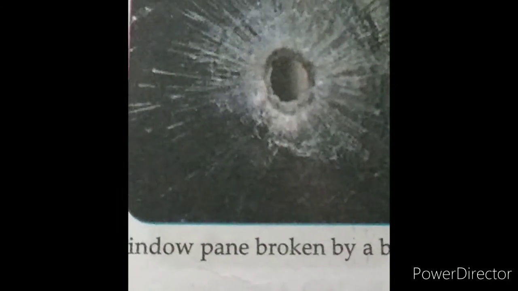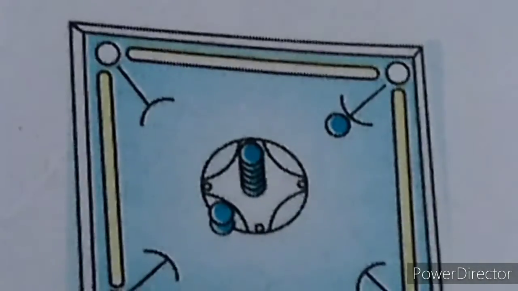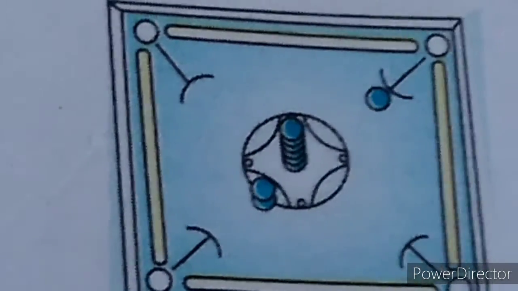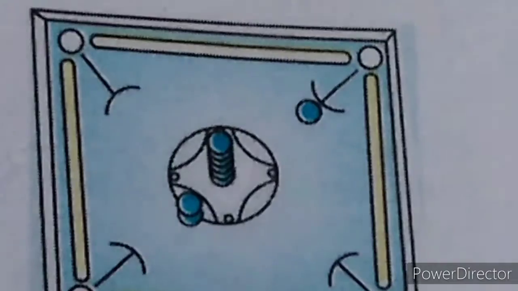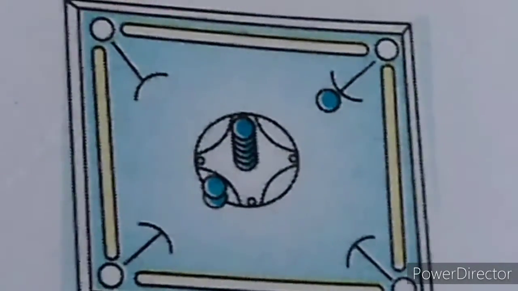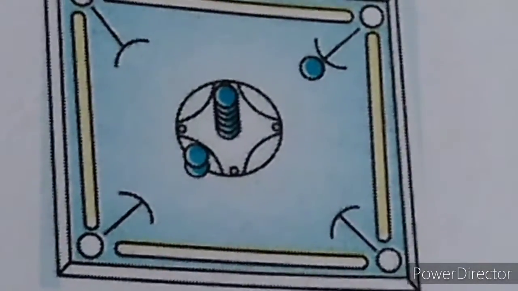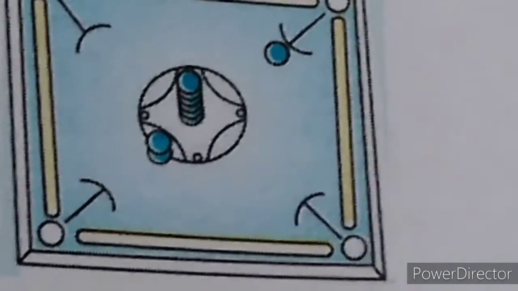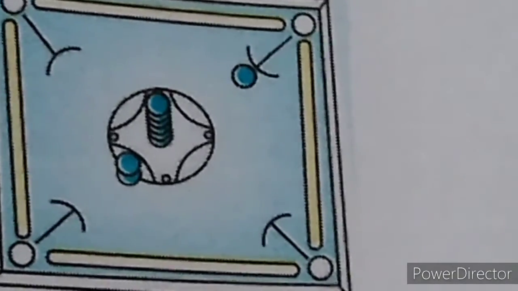Now let us come to the next example. You can see there is a pile of coins and a striker hitting it. When the striker hits this pile of coins, you will see that only the coin which is struck is displaced, and the other coins settle back into their previous position. What is the reason here? The reason is the same.